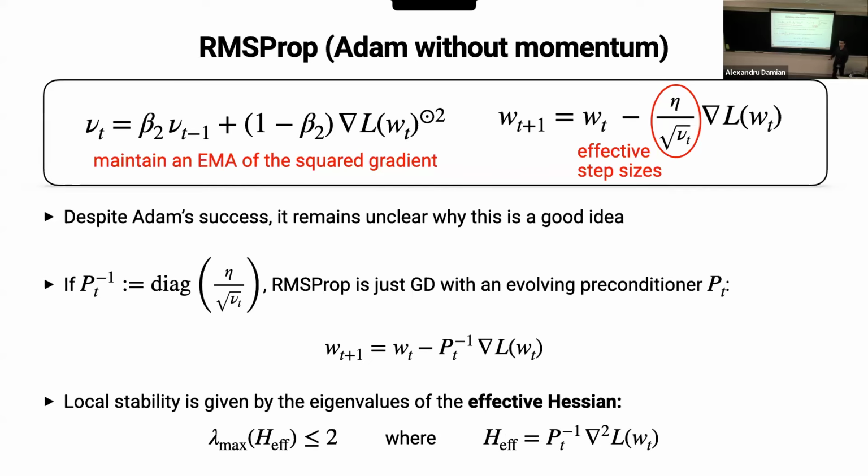Local stability is given by the eigenvalues of this effective Hessian, where you precondition the Hessian by this preconditioner. This is not a symmetric matrix, but you can symmetrize it and show that all of its eigenvalues are real, so this equation makes sense. And just as for gradient descent, edge stability implies that this lambda max will grow until it reaches 2, and then it will stay at 2 for the rest of training. And that's exactly what happens.